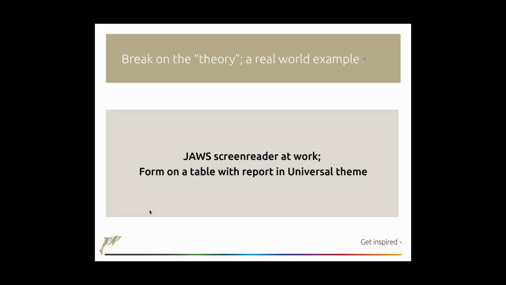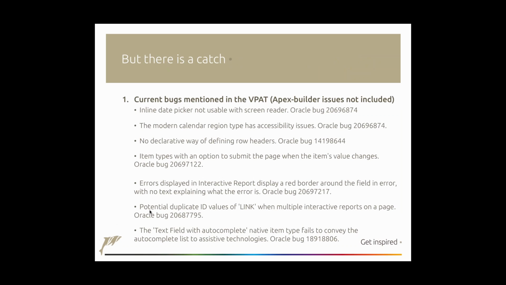So, Serge, we have a couple of questions in the queue. Is there a document that would describe what can be implemented and what cannot using Apex 5 with respect to 508 in the guidelines? Yes, that's the VPAT document that I was showing here.